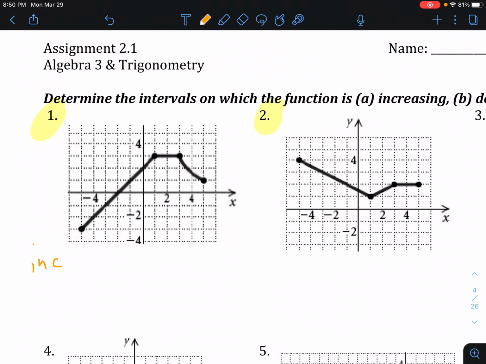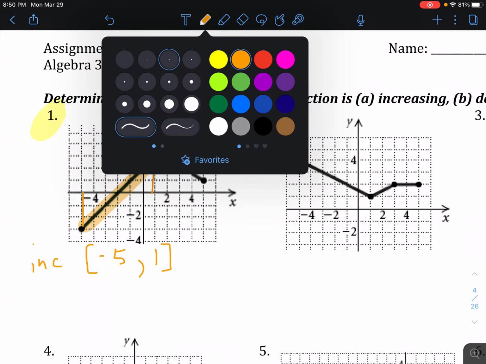So that covers from here to here. Let me do highlighter. Here to here. So that covers from -5 to 1. Then the next part is a constant.